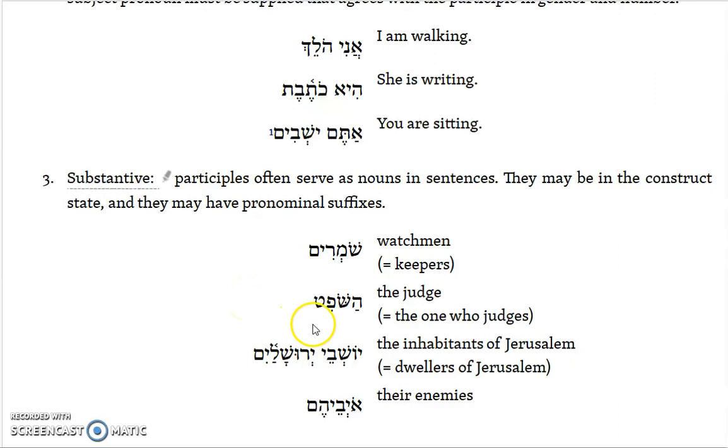Shafat means to judge, but hashofet could mean the one who judges, hence the judge. And on down the list, Yoshaveh, from Yoshav, to sit or dwell, Yoshaveh Yerushalayim would be the dwellers of Jerusalem, hence the inhabitants of Jerusalem.